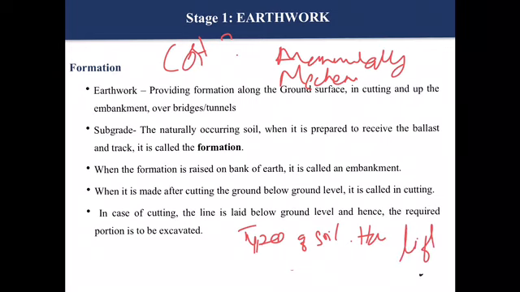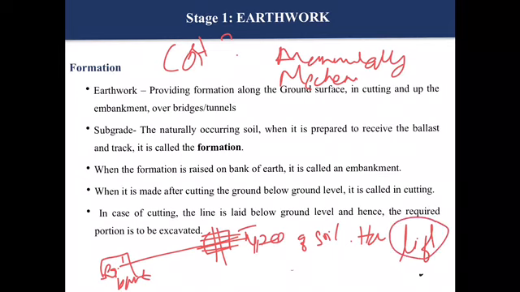Hauling distance is nothing but, if borrow soil is required in the construction work, the soil will usually be stored in the soil bank. So now we have to transport the soil from the soil bank to the actual site of construction. So the hauling distance is nothing but the distance between the place where you have stored the material to the place where the construction work is carried out.